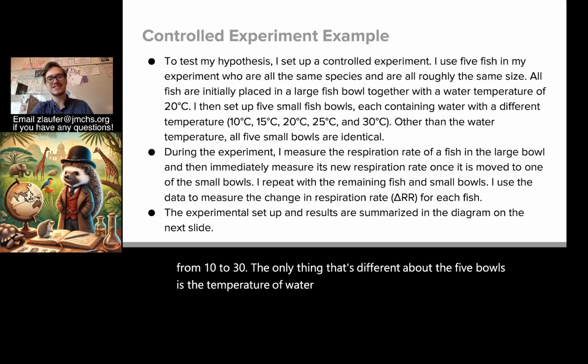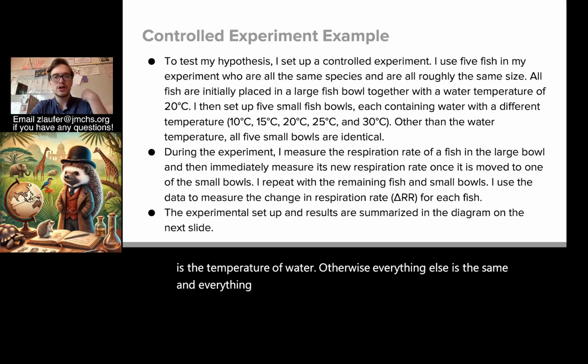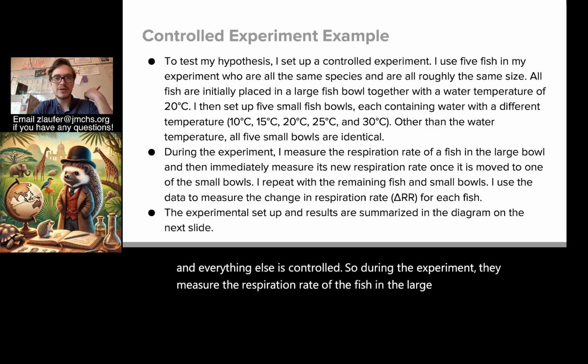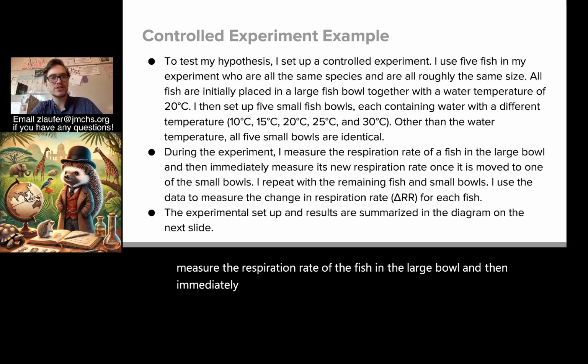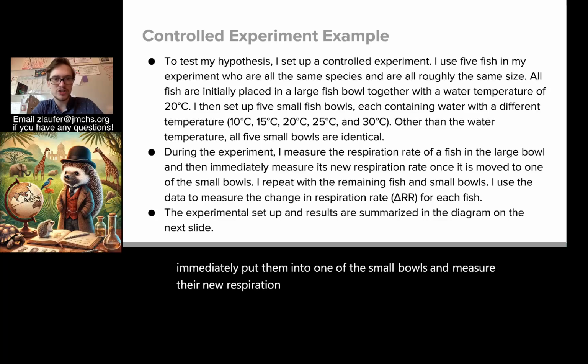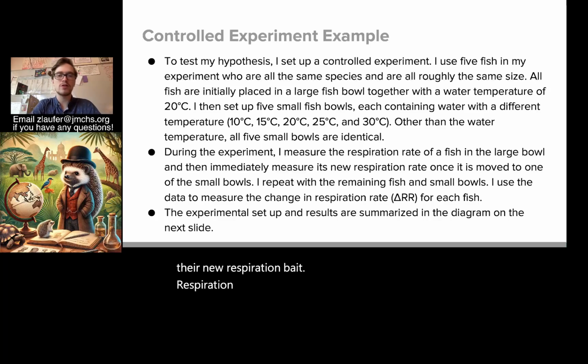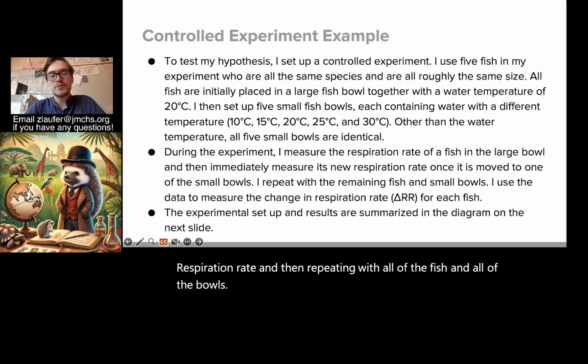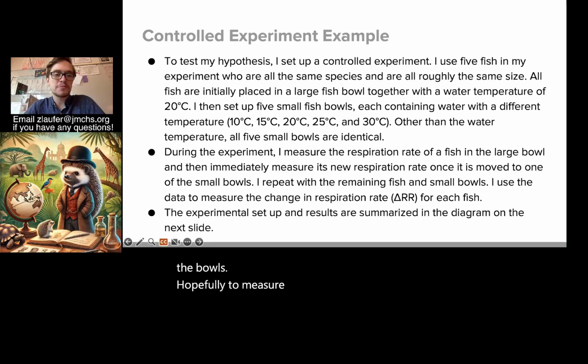Otherwise, everything else is the same and everything else is controlled. During the experiment, they measure the respiration rate of the fish in the large bowl and then immediately put them into one of the small bowls and measure their new respiration rate, and then repeat with all of the fish in all of the bowls, hopefully to measure a change in respiration rate for each fish.